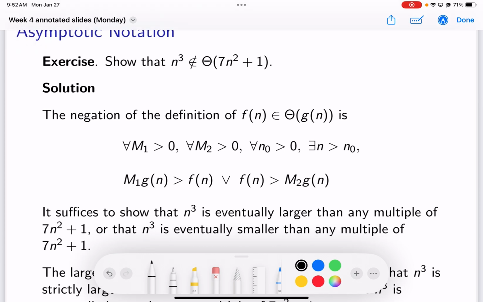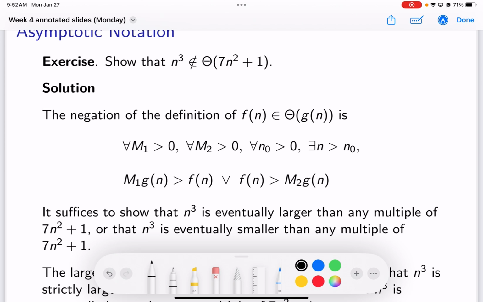Likewise, in the negation of the definition of big theta, we have an or statement. In this case, it's saying that either M1 doesn't do its job, it doesn't provide a lower bound for f of n, or M2 doesn't do its job, it doesn't provide an upper bound for f of n. Only one of these has to be true.